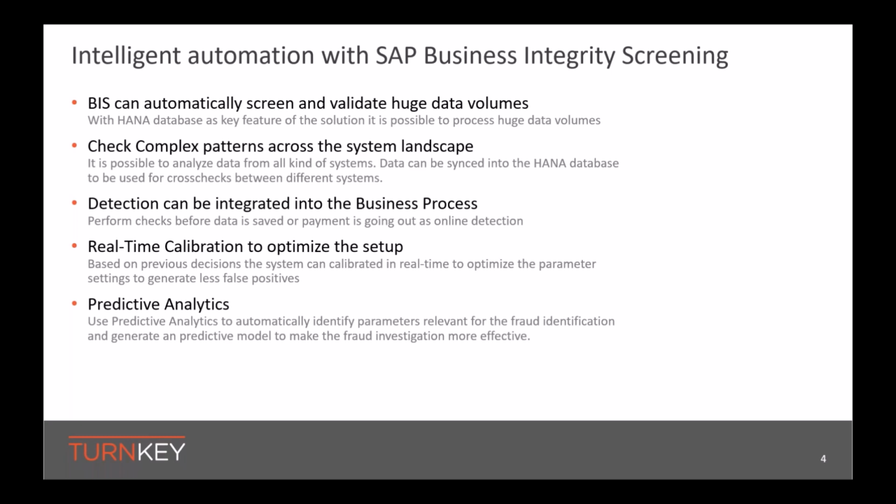So it's possible to use predictive analytics to identify even more other parameters that are relevant for fraud identification. So there's a predictive model generated, and that can be used then directly for the processing, or we use the information for the parameters to enhance our setup in the detection strategy.